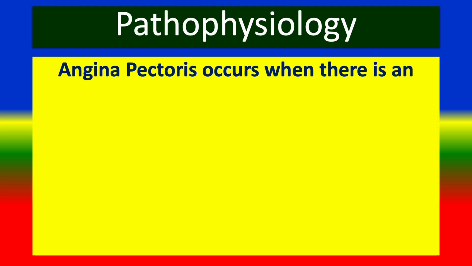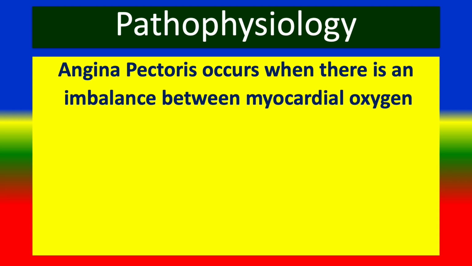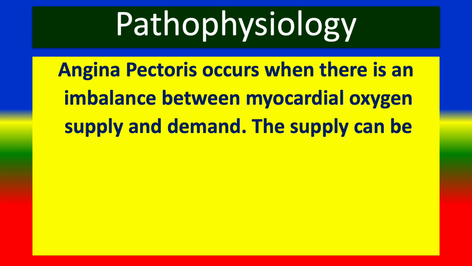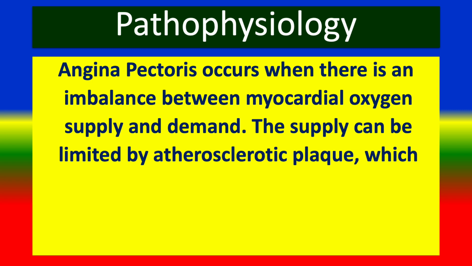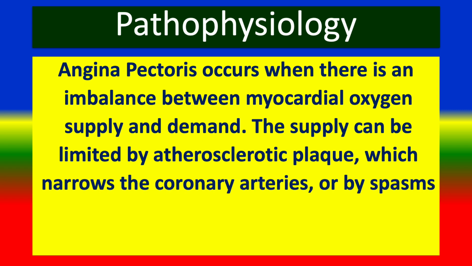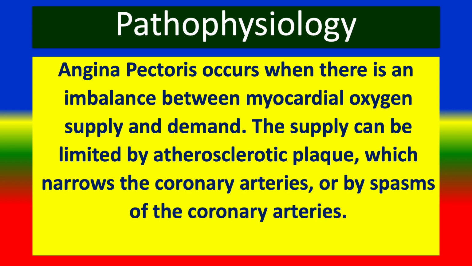Pathophysiology. Angina pectoris occurs when there is an imbalance between myocardial oxygen supply and demand. The supply can be limited by atherosclerotic plaque, which narrows the coronary arteries, or by spasm of the coronary arteries.